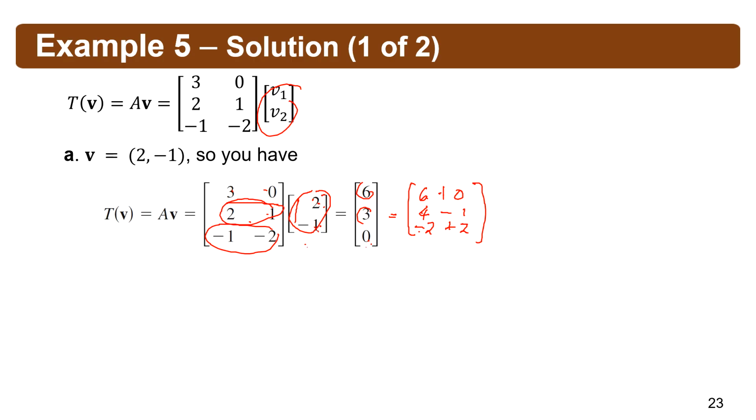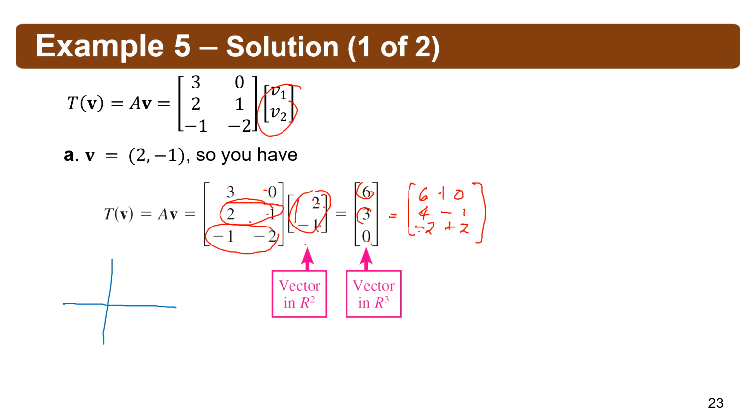So from there, you see, we have changed from a vector in R2 and we transform to a vector in R3. So from two-dimensional, we can write this as (2, -1). So the vector is here, and it was done in a two-dimensional plane.